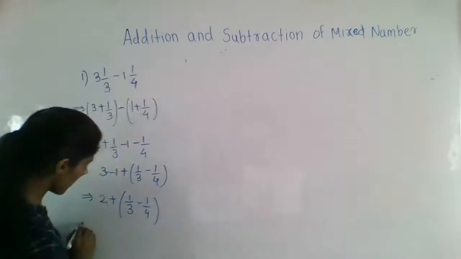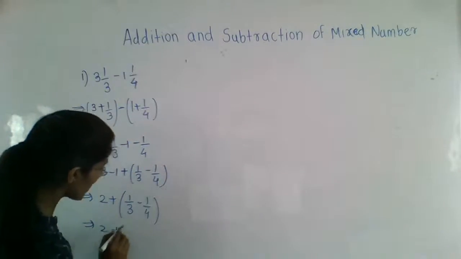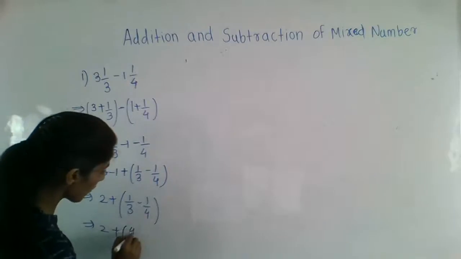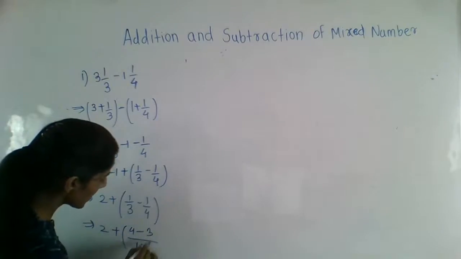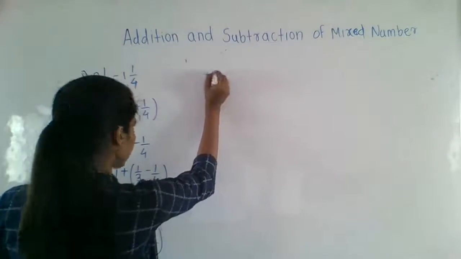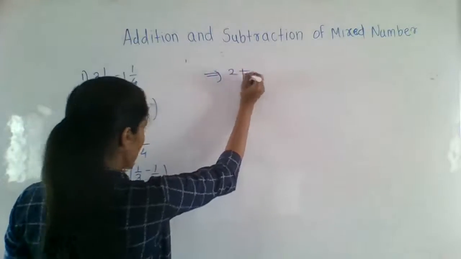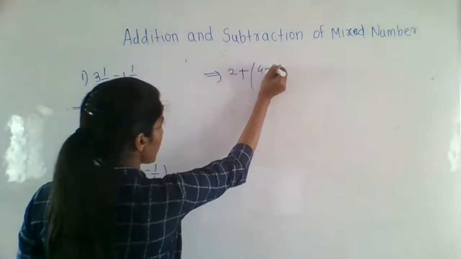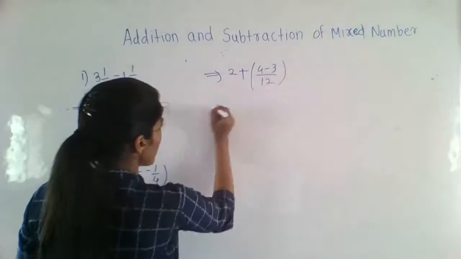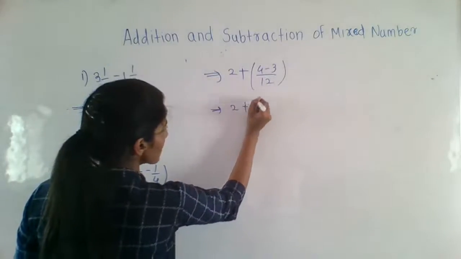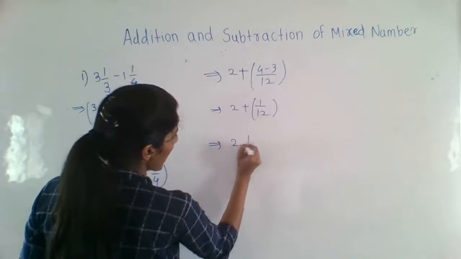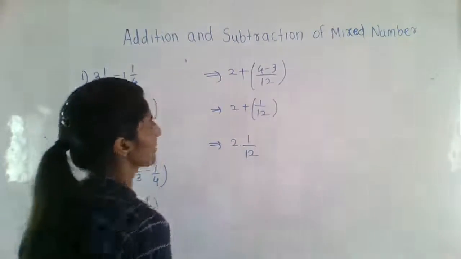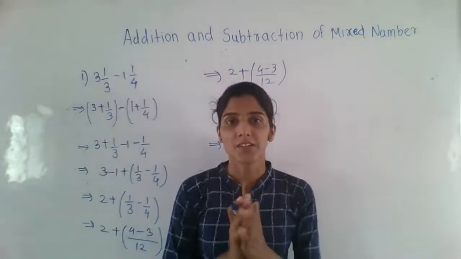So 2 plus 4 ones are 4, minus as it is 3 ones are 3, and multiplication of denominators, 4 into 3, that is 12. What do we get? 2 plus 4 minus 3 by 12, means 2 plus 1 by 12, and our answer is 2 and 1 by 12. This is simply our answer.